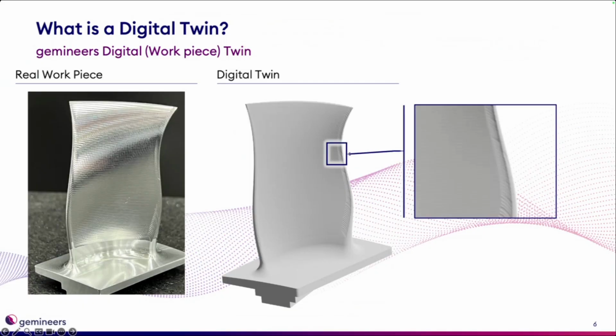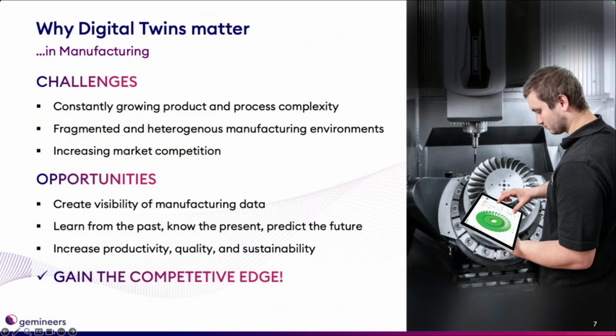Why do we think this matters? What we see in manufacturing are some basic challenges. We have had them for a lot of years: constantly growing product and process complexity, more and more fragmented and heterogeneous manufacturing environments, and for sure, increasing market competition.